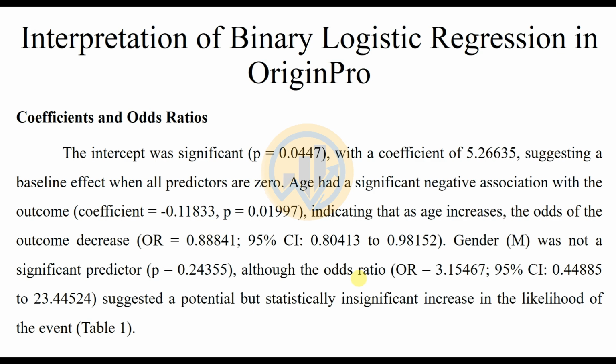The odds ratio OR equals 0.88841, with a 95% CI of 0.80413 to 0.98152.